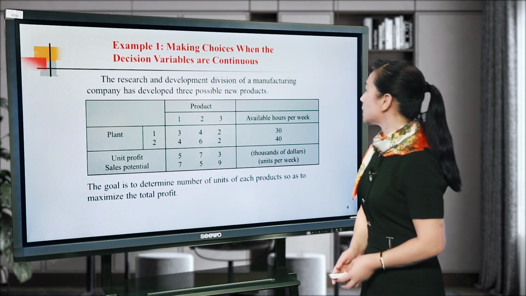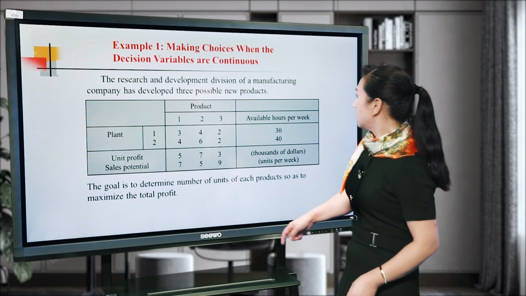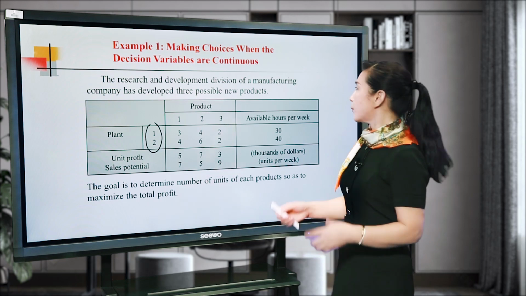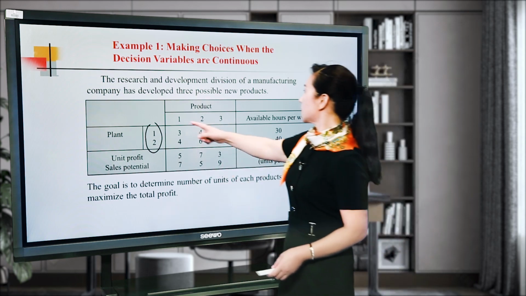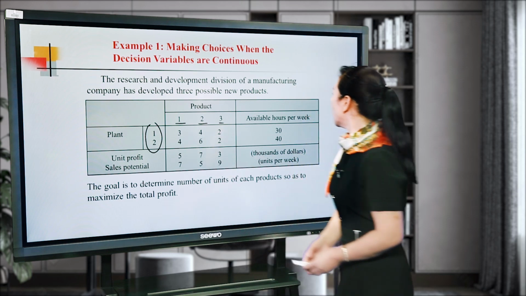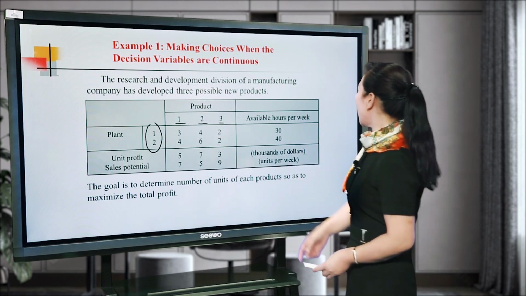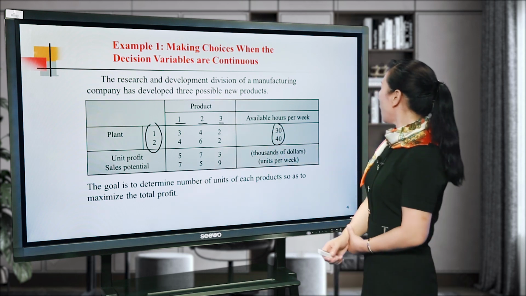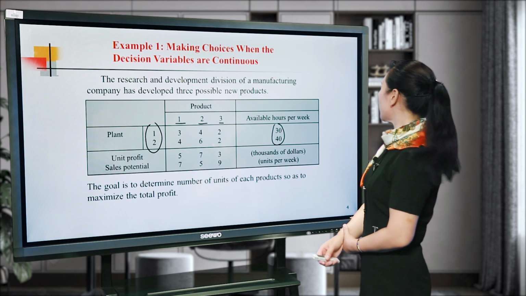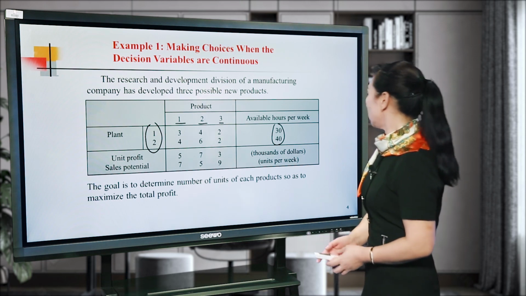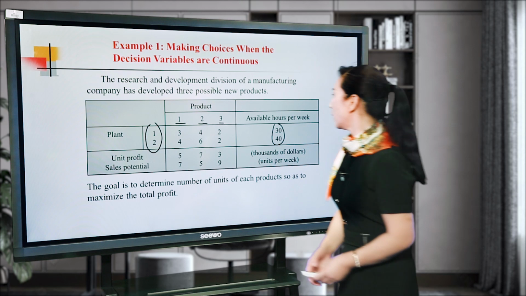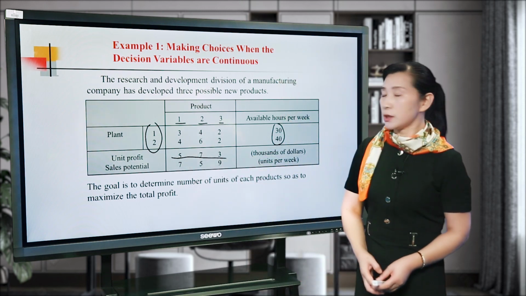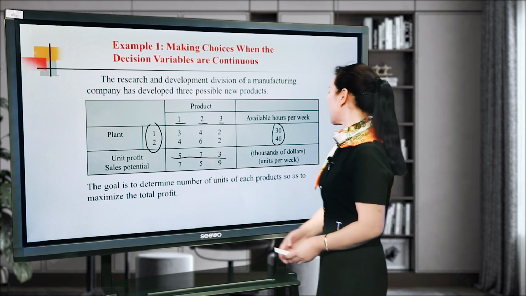We note in this table, plant 1 and plant 2 can produce the products 1, 2, 3, and the 2 plants have available hours of 13 hours per week and 14 hours per week. The last row of this table is the unit profit and sales potential of each product.